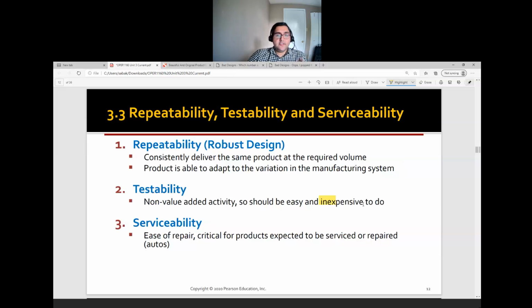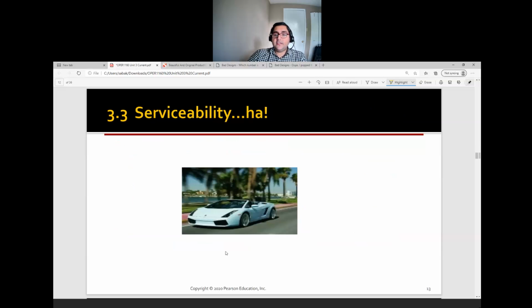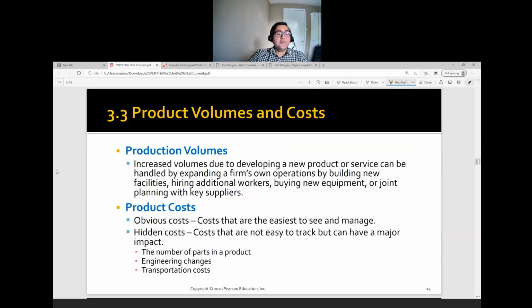So what's written here is the repeatability stage, creating the same product again and again. Testability is the ability to test that particular thing. It should be an inexpensive method to test whether the product which you made is good or bad. Serviceability is what we discussed, about repair. It should be easy to repair that particular equipment.